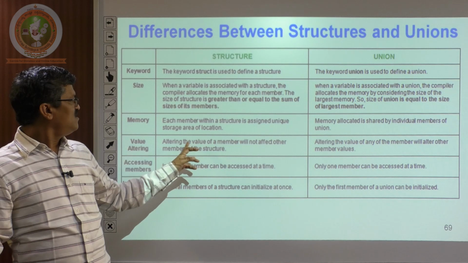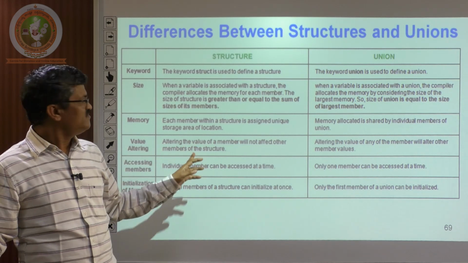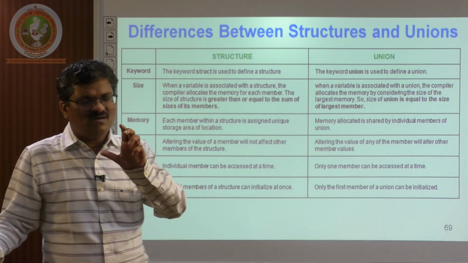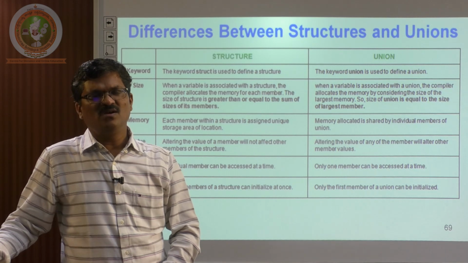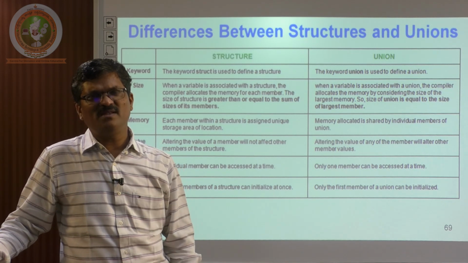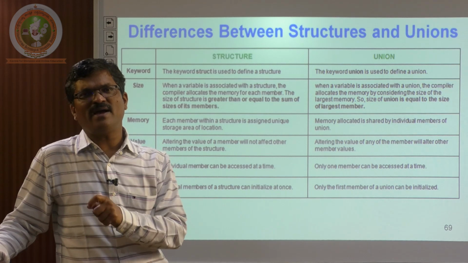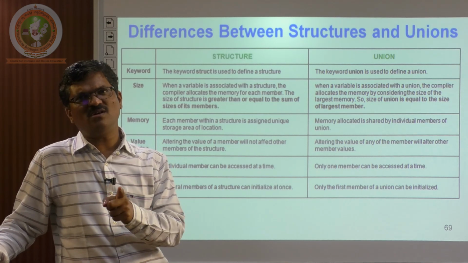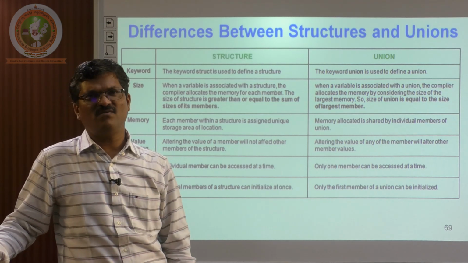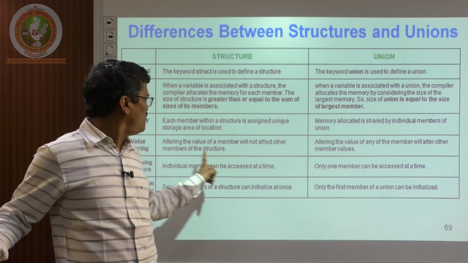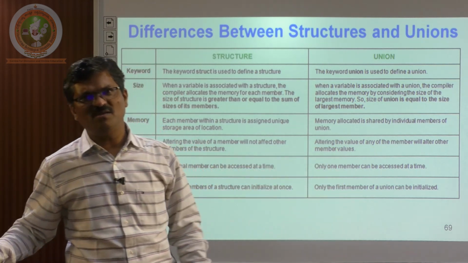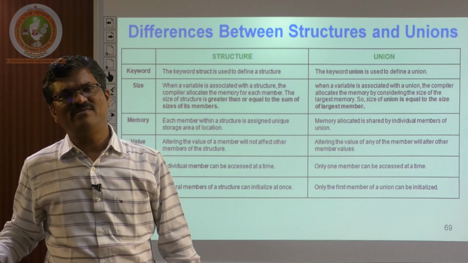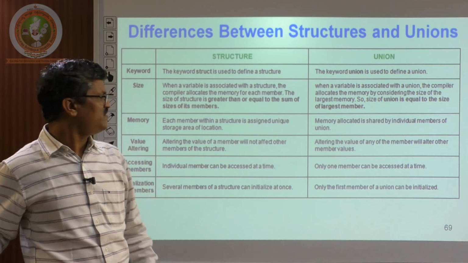Then value altering. Since each member is allocated a different memory location, if you alter the value of one member in the structure, it will not affect the value of the other variables. Whereas, with respect to union, if you alter the value of one union member, that will have an effect on the value of the other member.